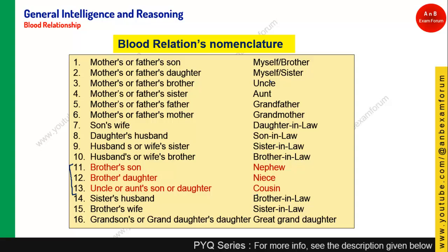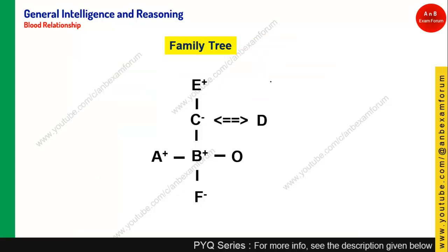Coming to the next, the family tree. If you see, this is one of the family trees we have made. At the first instance you will be confused about what exactly this is and how to make it. As the word suggests, a family tree represents not a tree but the relationships between various persons.